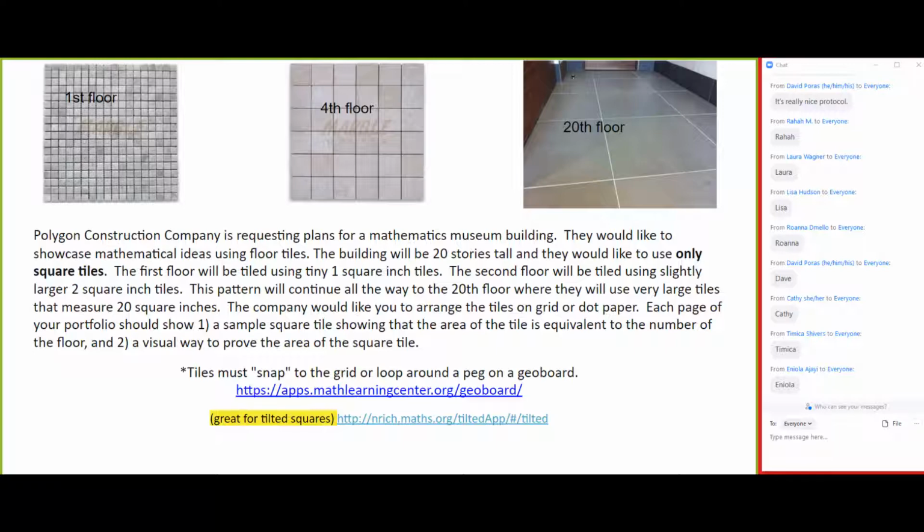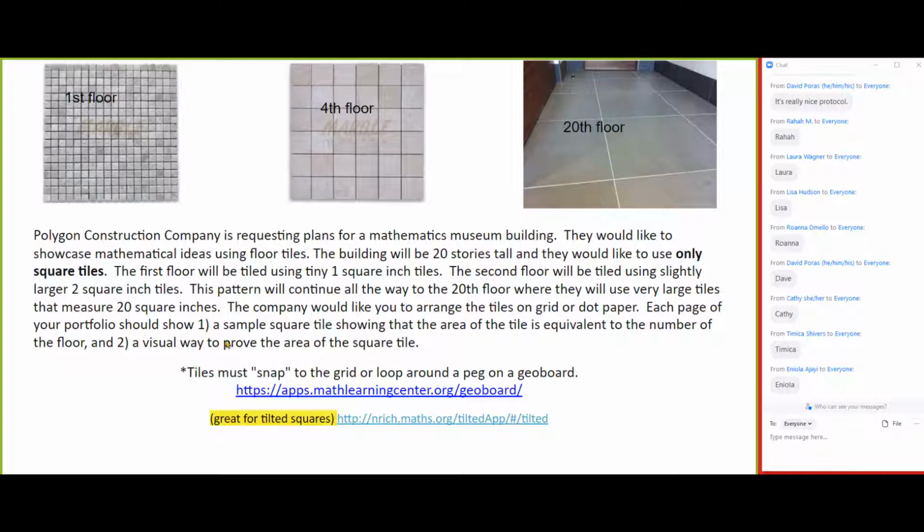The first floor will be tiled with tiny 1 square inch tiles. The second floor will be tiled using slightly larger 2 square inch tiles. This pattern will continue all the way to the 20th floor, where they will use very large tiles that measure 20 square inches. The company would like you to arrange the tiles on grid or dot paper.